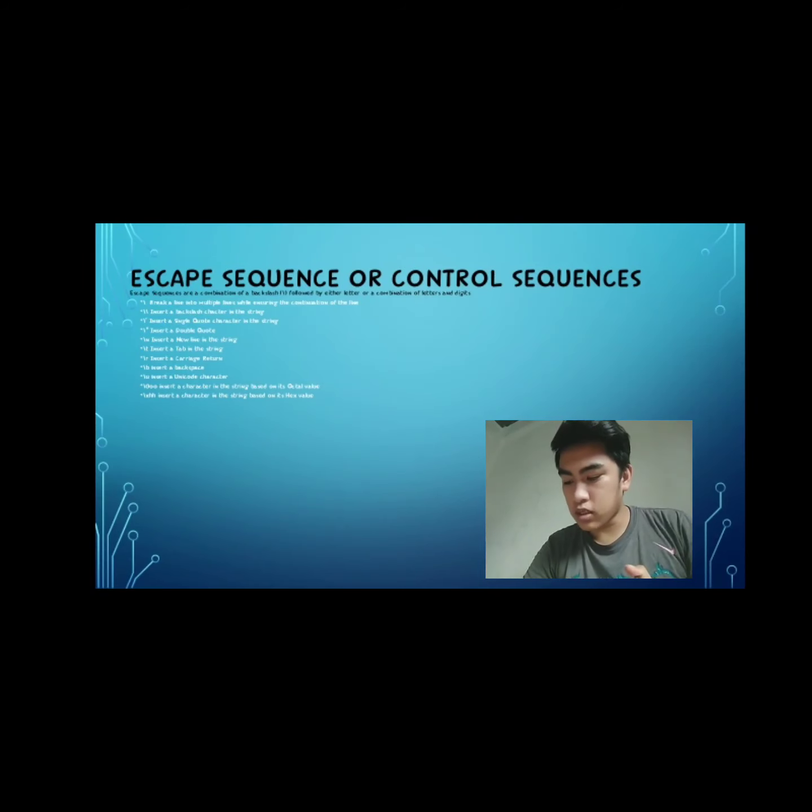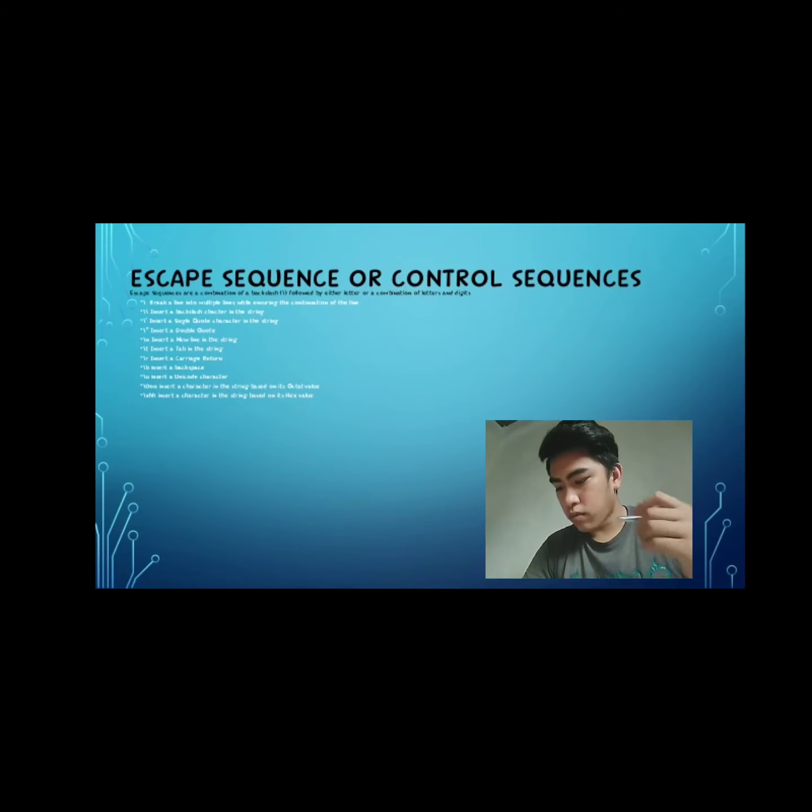So double backslash is equal to insert a backslash character in a string. So yung double backslash po is insert a backslash in a string. Backslash and comma, insert a single quote character in a string.